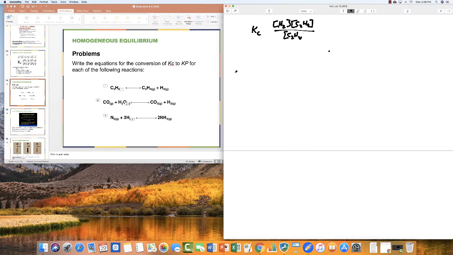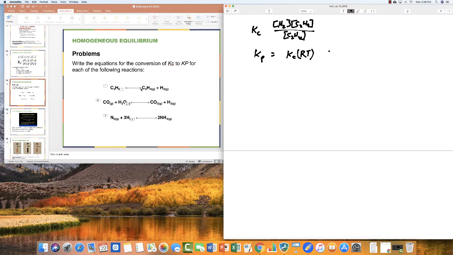Now Kp is equal to Kc times RT raised to the n power. So Kp is going to equal this same number, which I'm not going to write again, times RT raised to the delta n power.